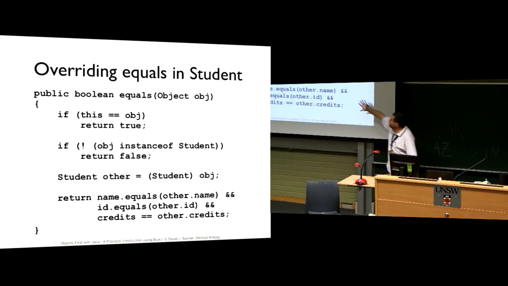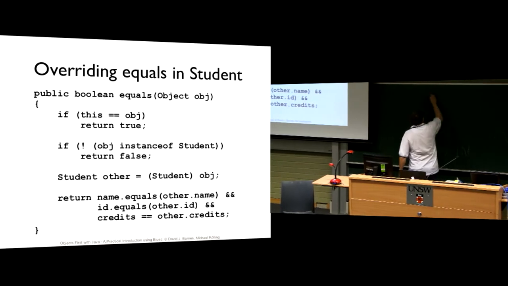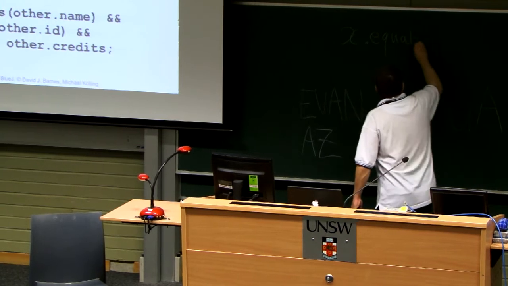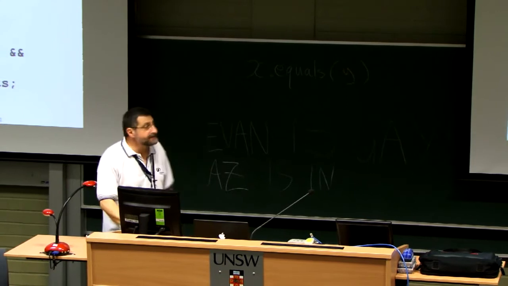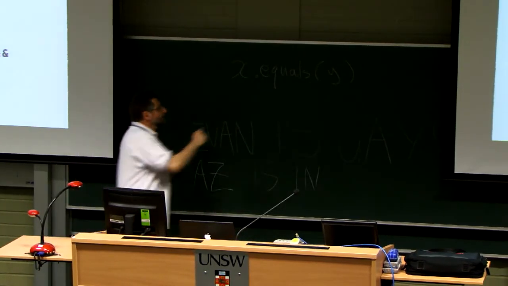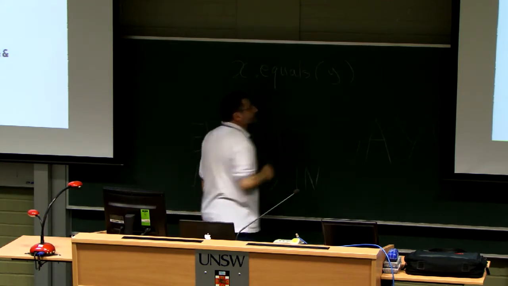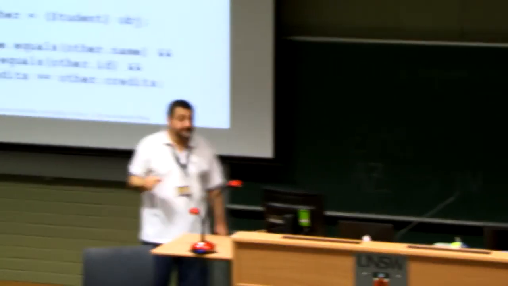But before we get to this part, we've got two checks up the top. The way that we call this is we ask if object X equals object Y. So in other words, if X is a student record, we're calling the equals method in that object and passing to it another object which should be a student record, a student object.